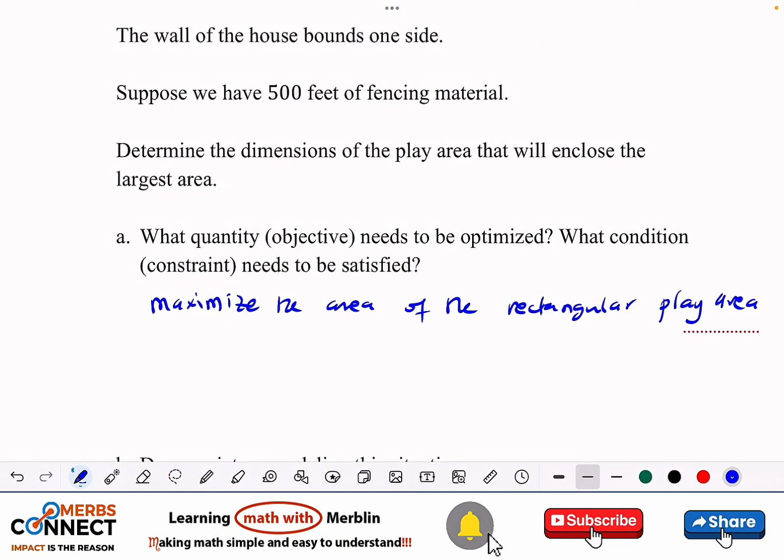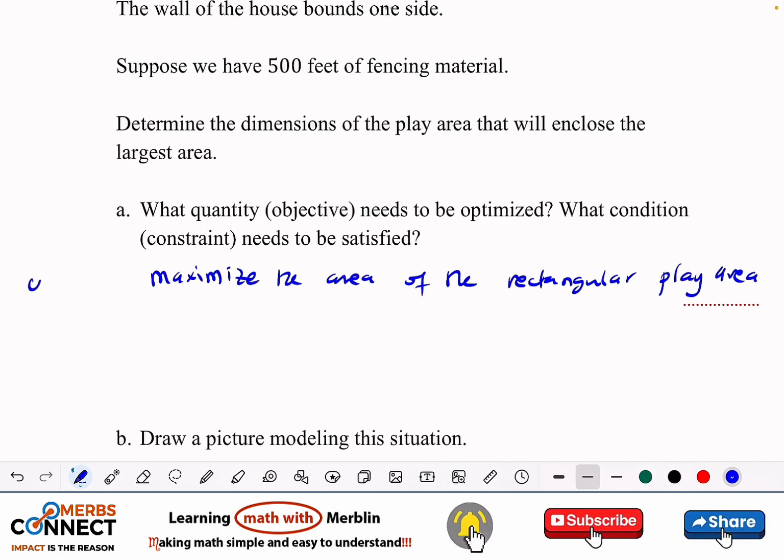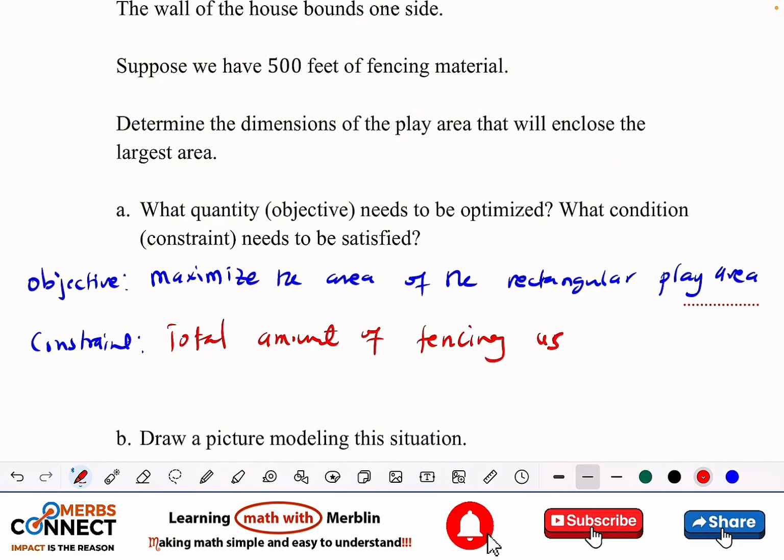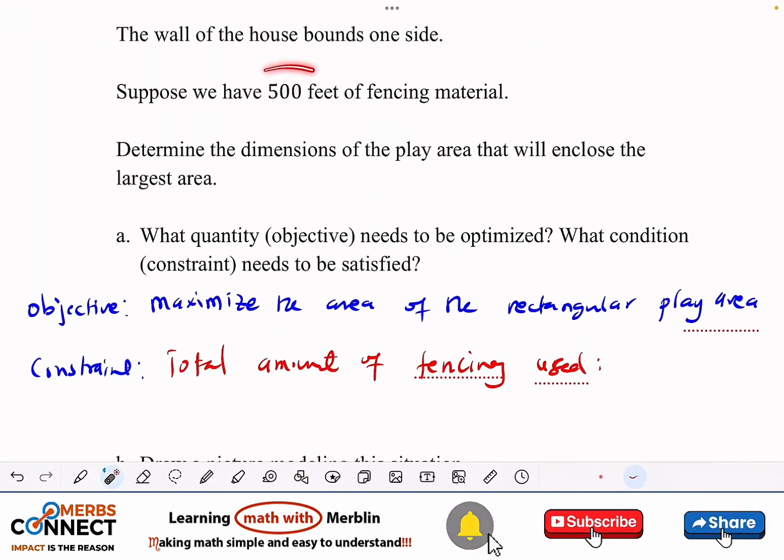And then the constraint. So this is the objective, I'm just writing the objective here. And what is the constraint? The constraint here is the total amount of fencing material. Let me put it that way. This was given to us as 500 feet, so we are going to use 500 feet.